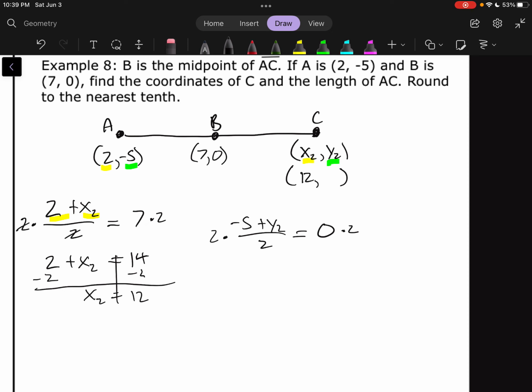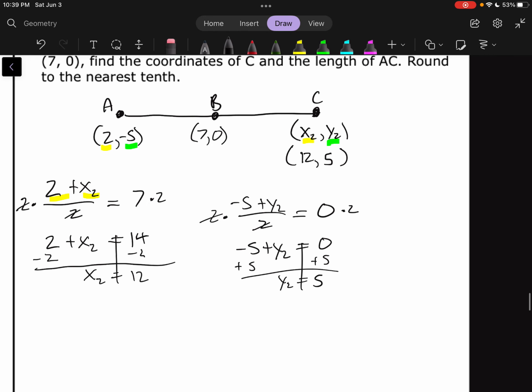Multiply by 2, get -5 plus y2. 0 times 2 is 0. Add 5 to get rid of that. I get y2 is equal to 5. Okay, so C is at (12, 5).